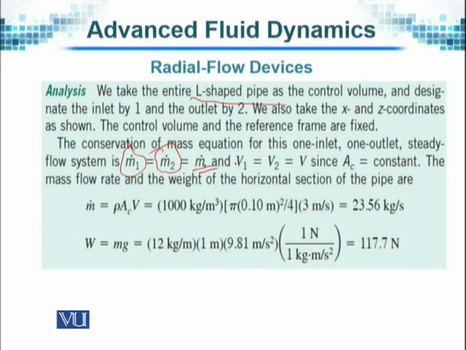With these values, we calculate m dot with the numbers given in the question. Substituting those values, we obtain the rate of change of mass to be equal to 23.56 kilogram per second.